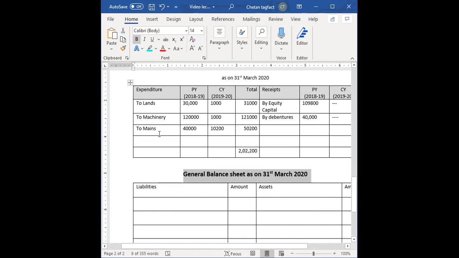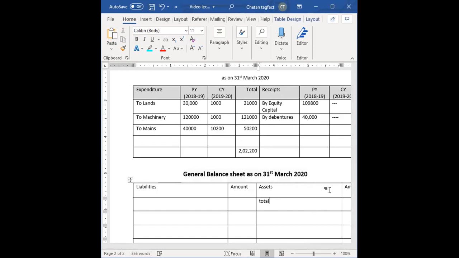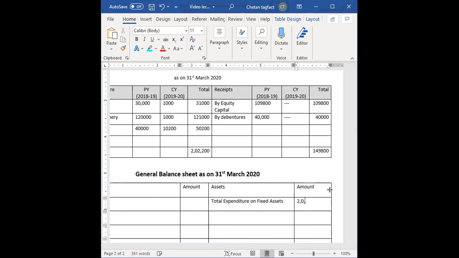We have the total expenditure, this is the total amount spent on your fixed assets. So we are going to take first the total expenditure on fixed assets. How much do we have? 2,02,200.